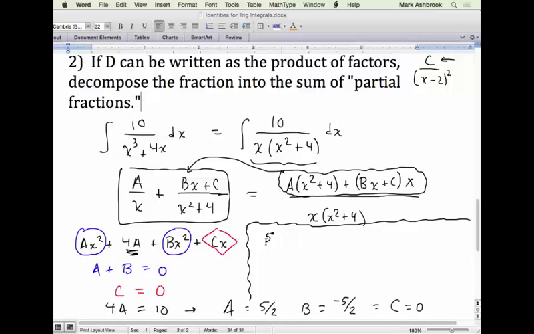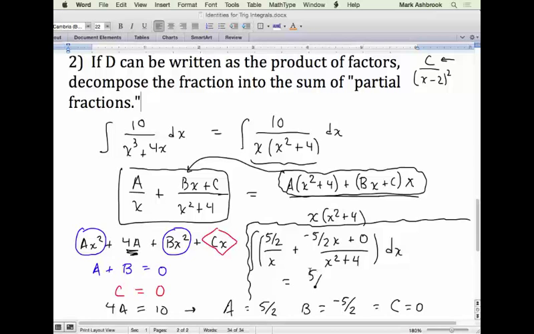So 5/2 over x plus (-5/2 x plus 0) over x squared plus 4. And that's going to be the integral of that thing, because that equals what we started with, dx.